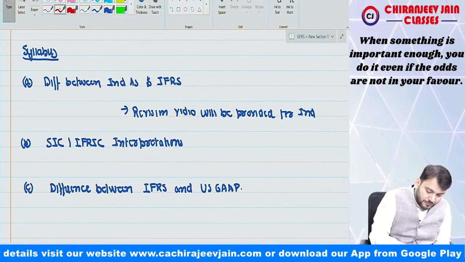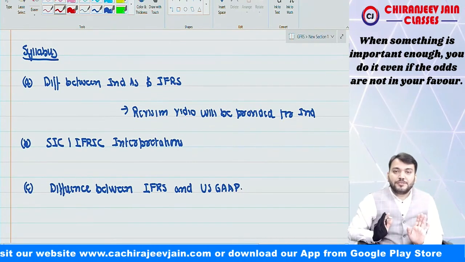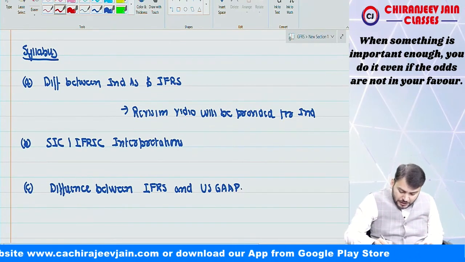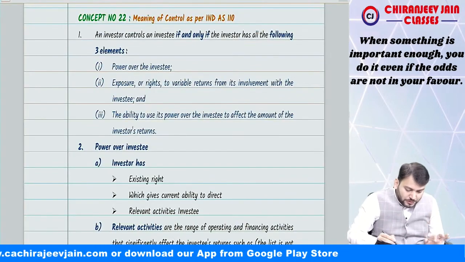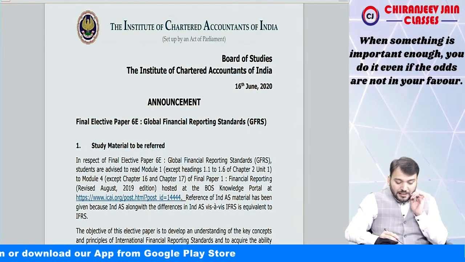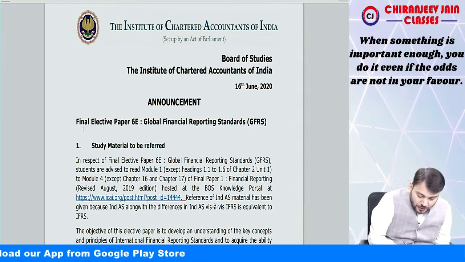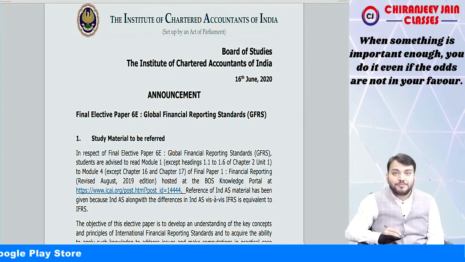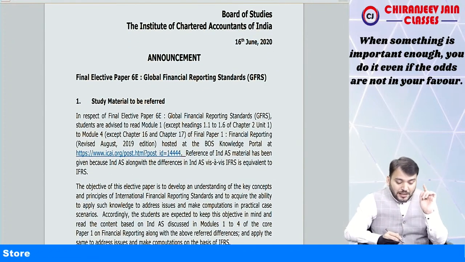Yes, sir. This is the part of the syllabus. Correct? If you want to go through the syllabus given by the institute, ICAI has given the syllabus for Final Elective Paper 6C Global Financial Reporting Standards. What have they written?